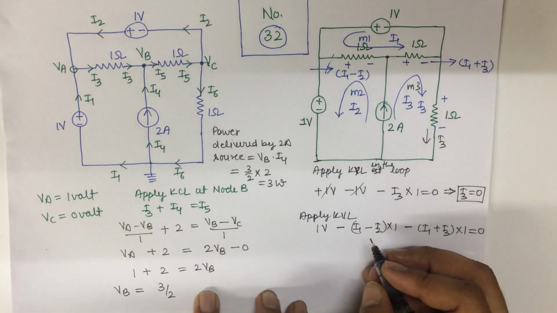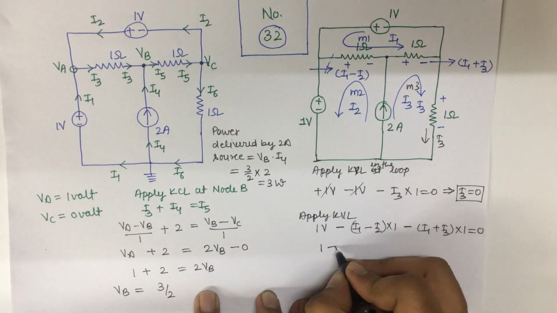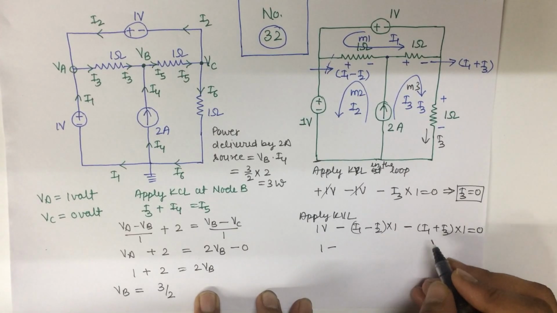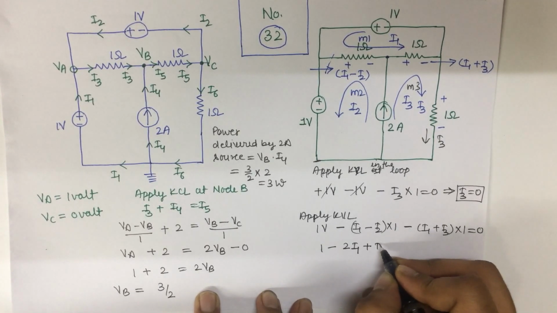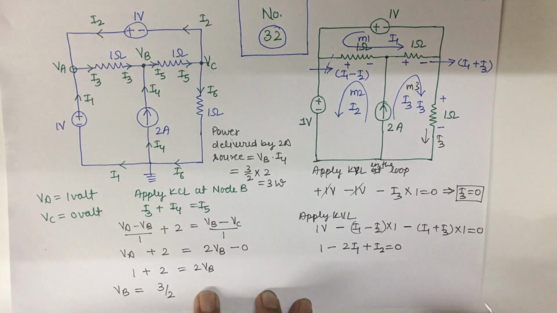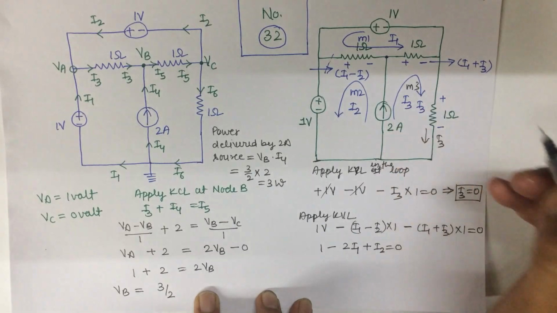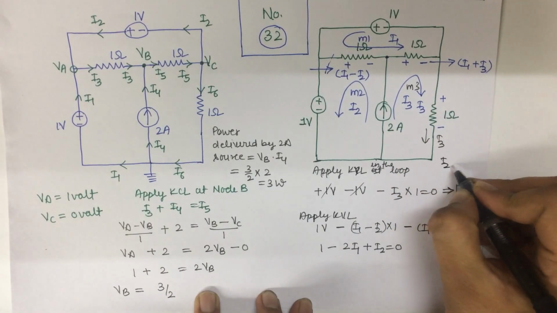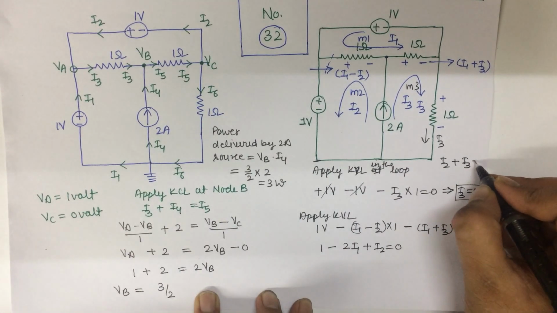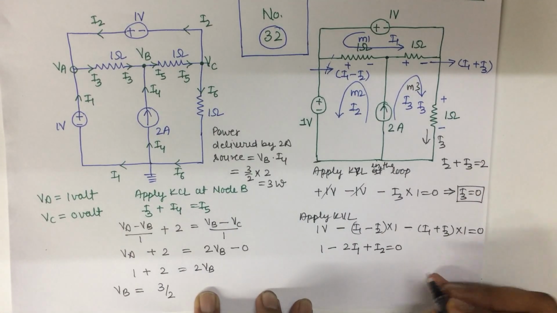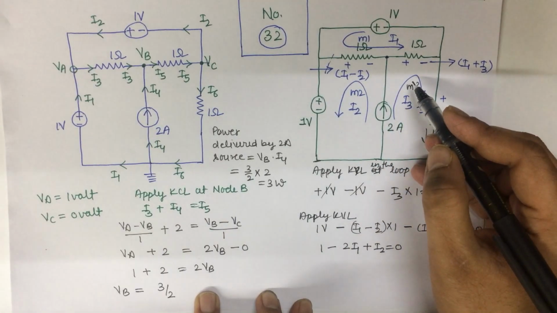So now we solve this. This is 1 minus I1, and twice of I1 plus I2 is equal to 0. And from here we know that I2 plus I3 is equal to 2, since I2 is going upward and I3 is going upward.